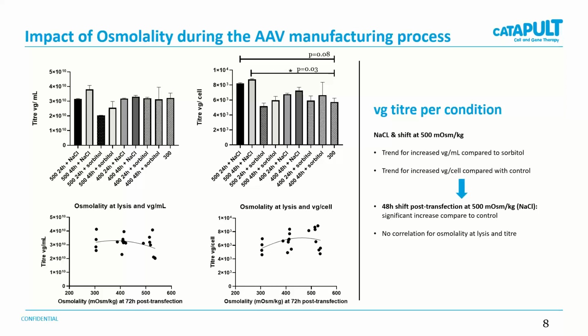And we saw a trend for an increase in titer when we were using a shift with sodium chloride at high osmolarity, so 500 milliosmol, compared to the use of sorbitol. We also see a trend for an increase in specific titer when using the same condition, a shift with sodium chloride at 500 milliosmol, compared to the control.